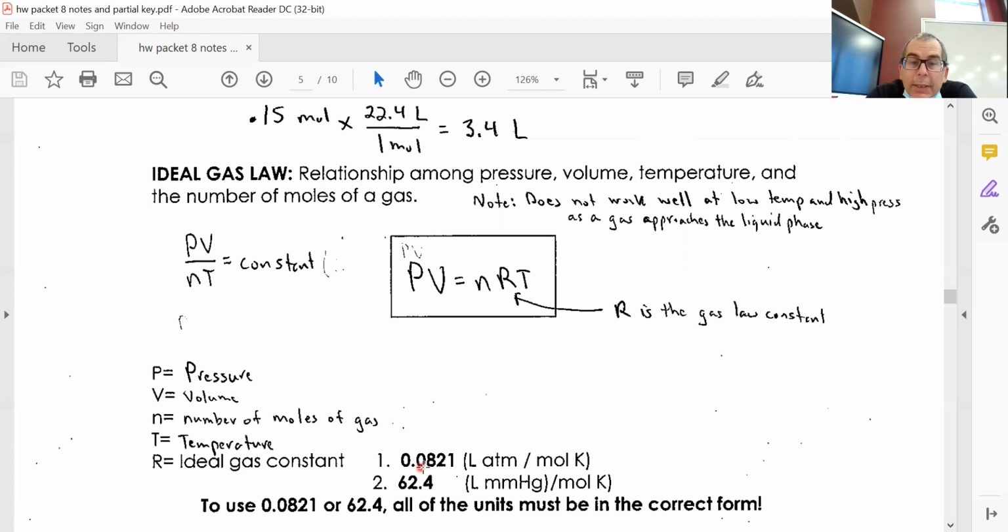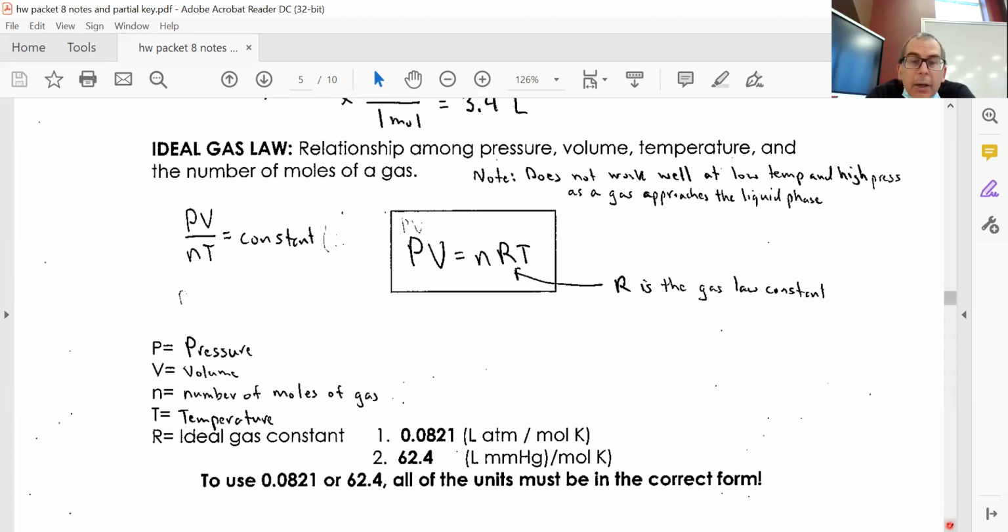One value is 0.0821 liter atmospheres per mole K. And take a look at the units because it will link things together. If I multiplied that number by 760, it would be liter millimeters of mercury per mole K because there's 760 millimeters of mercury in 1 atmosphere. These are the most common ones that we'll use for the gas law constant R. And then you've got to use the one appropriate to the situation that you're in.